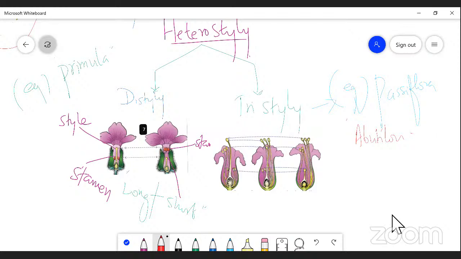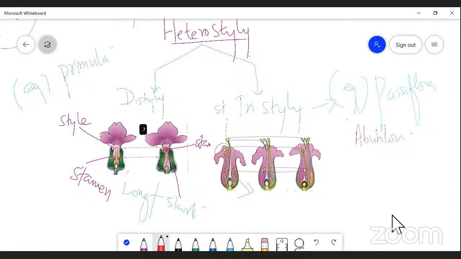Here, there are three types of style. In the first category, the style is very long, and some stamens are long and some stamens very short in nature. So in the first structure you can see the longer exposure of style and a shorter size of stamen inside.